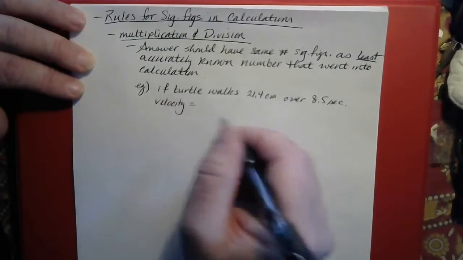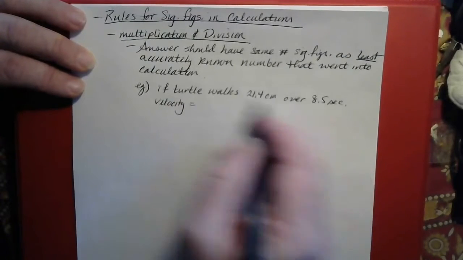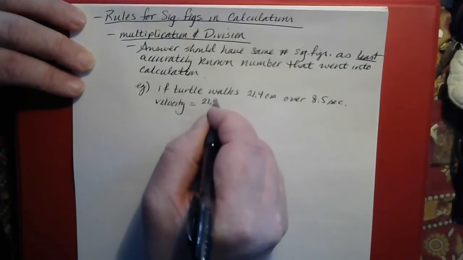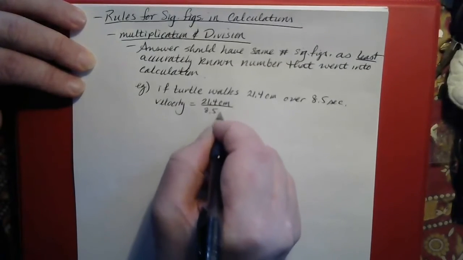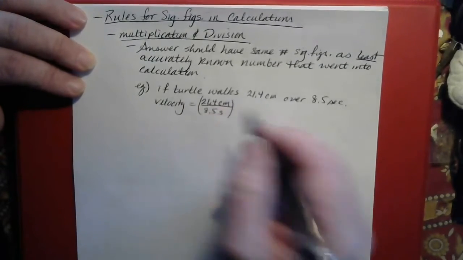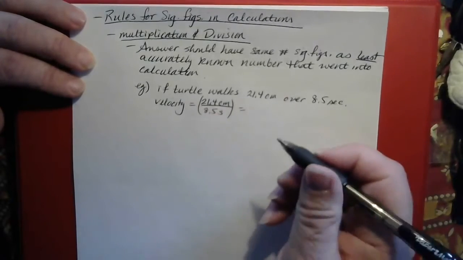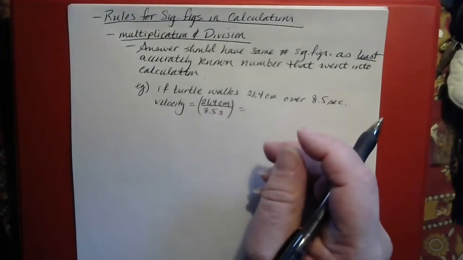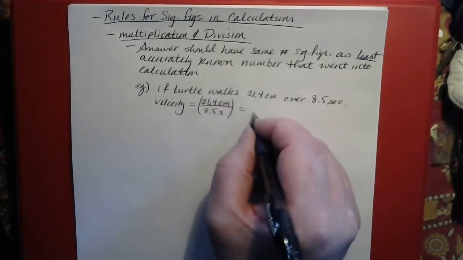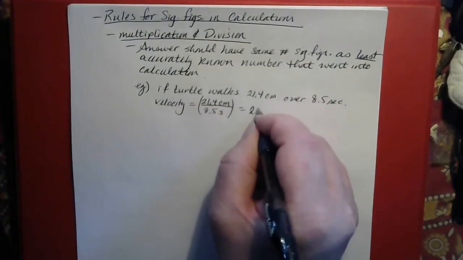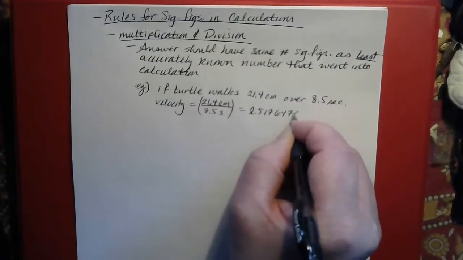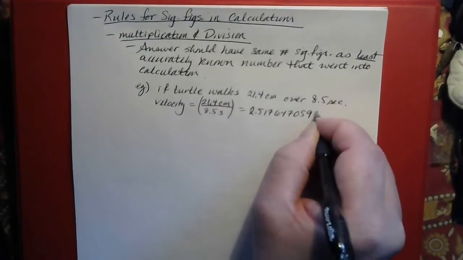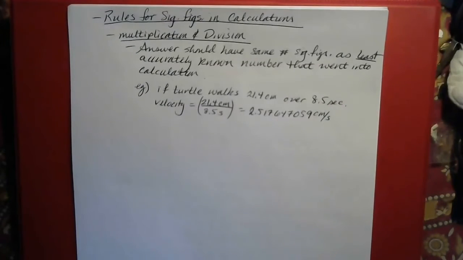The velocity of the turtle would be distance over time, or 21.4 centimeters divided by 8.5 seconds. And if you put that into your calculator, the calculator will give you 2.517647059 centimeters per second.